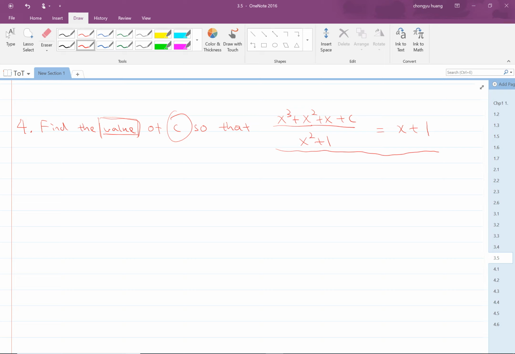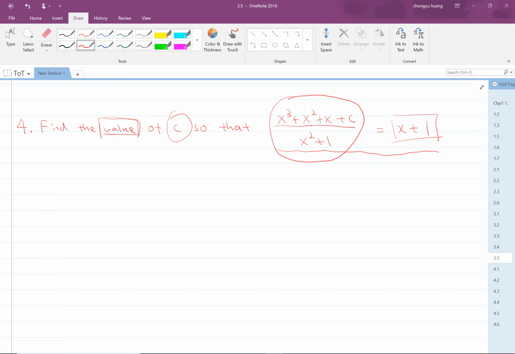Looking at the right hand side, it's just simply x plus 1, so we cannot simplify anymore. The key over here is that we have to use the old method on the left hand side.